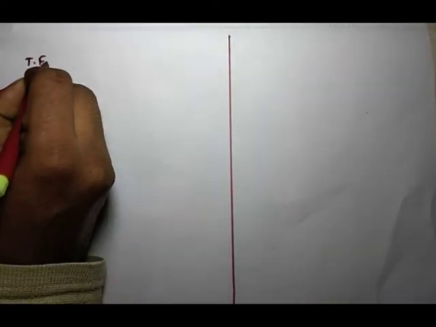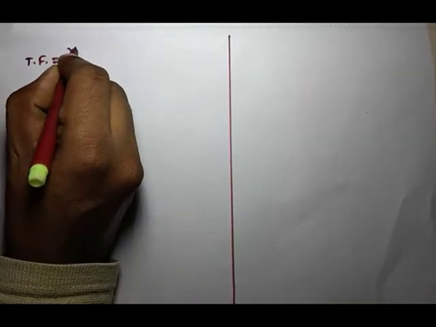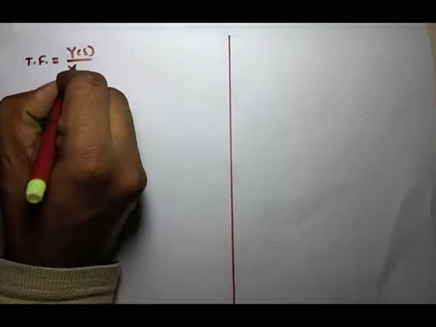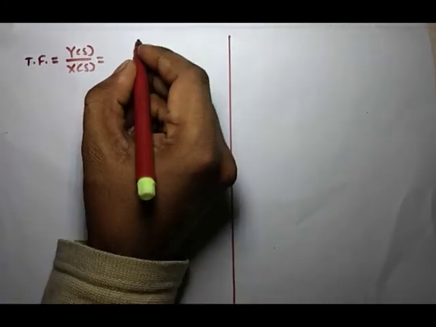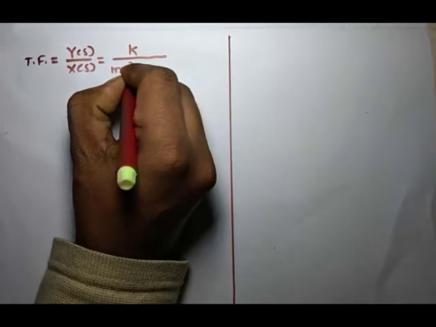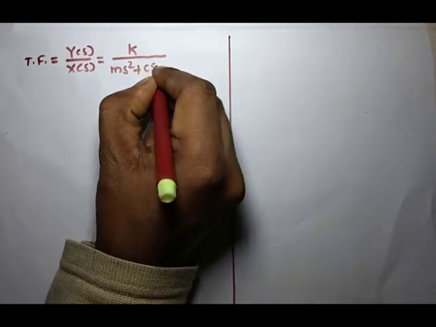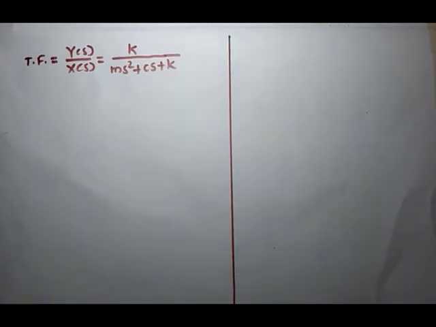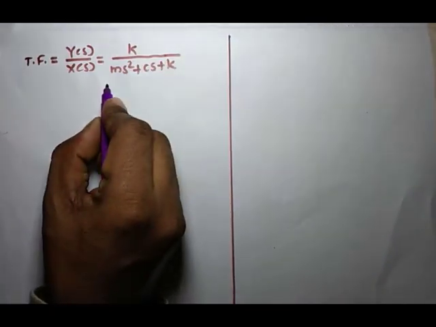Transfer function is equal to Y(s) over X(s) is equal to k upon ms square plus cs plus k. Now we have to write this transfer function in terms of damping ratio and natural frequency.